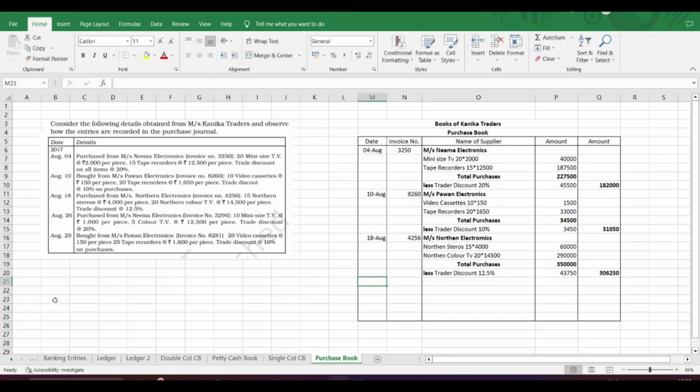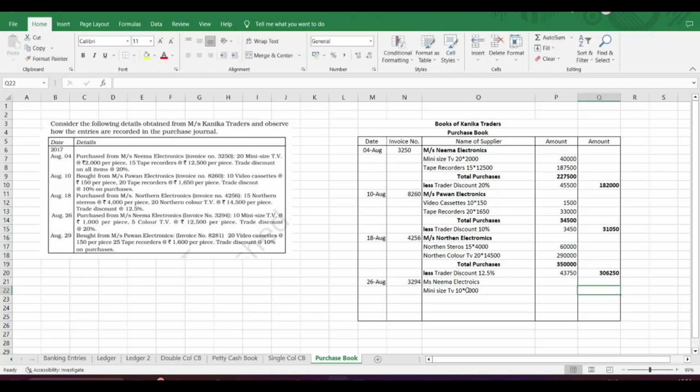So next entry is on 26th August. Invoice number here is 3294. We are purchasing here again from Nima Electronics. What we are purchasing here, again 10 mini size TV, 10 for 1,000 each.